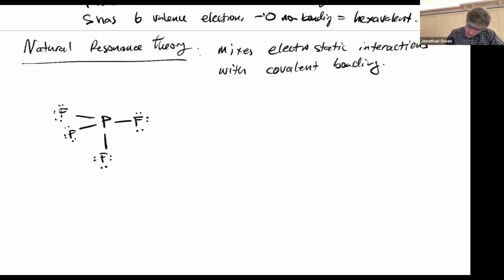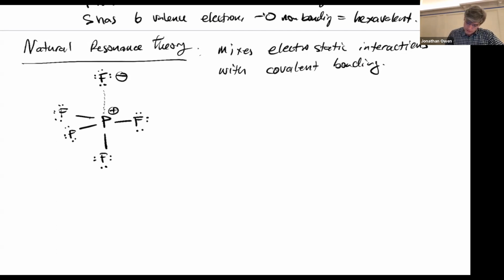And now for this last one, here I've drawn 4 bonds. That gives my phosphorus an octet. And now I'm going to draw the last fluorine with an octet, and I'm going to draw this dotted line down to the phosphorus. We're going to give this guy a negative charge and that guy a positive charge.